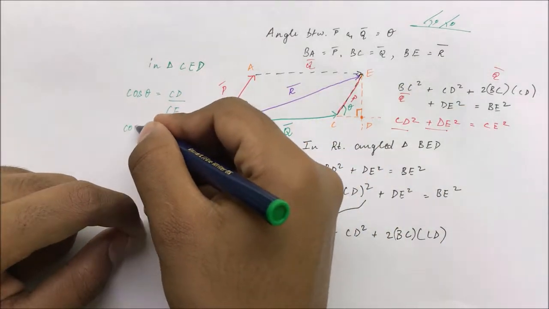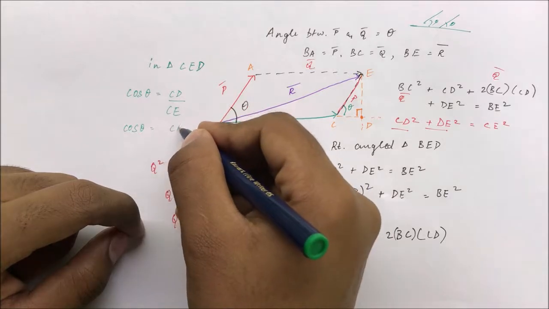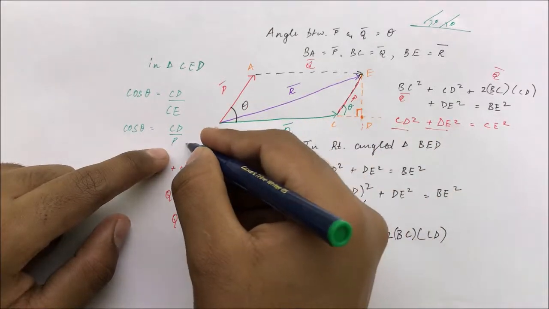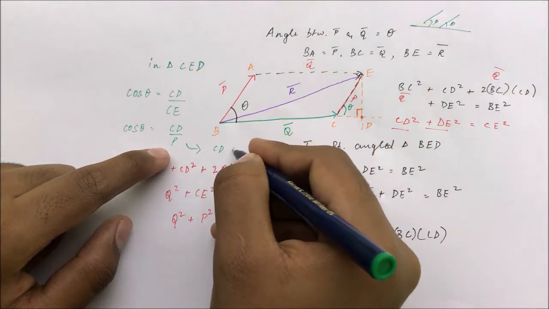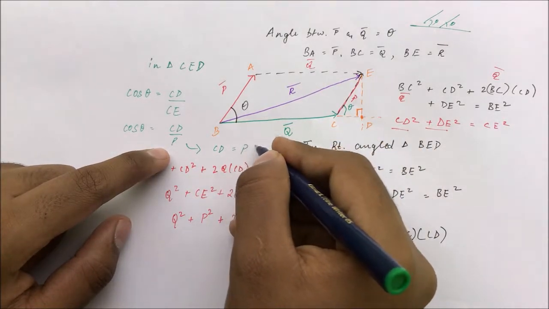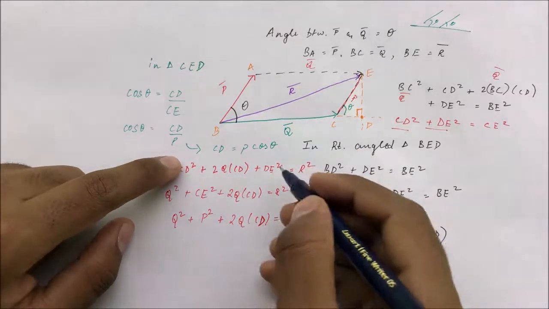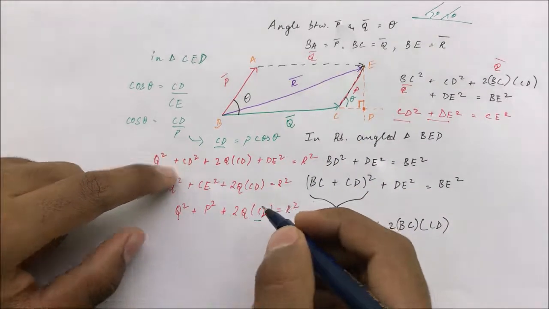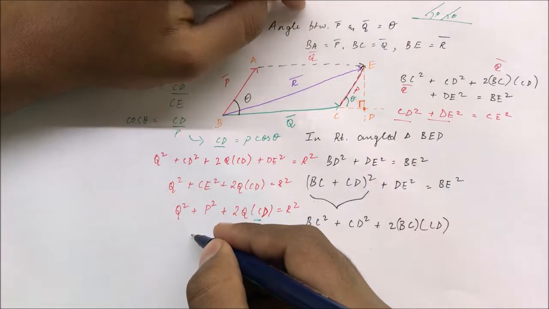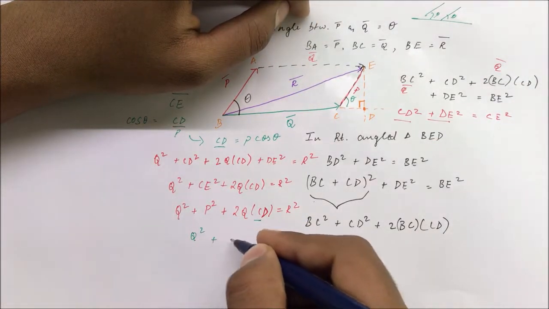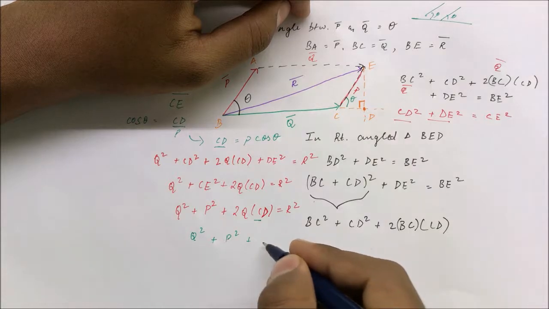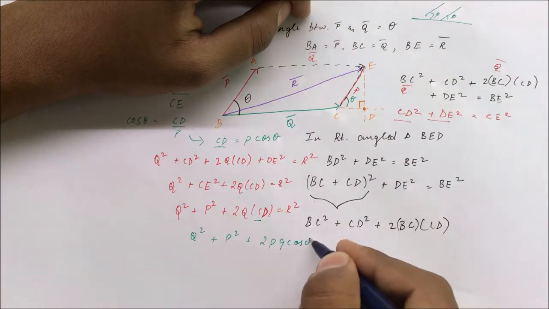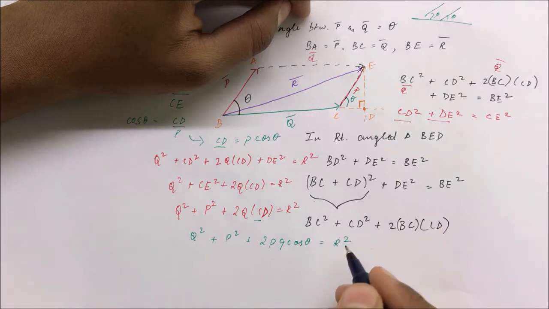So cos theta is equal to CD by P, correct? With this I can say CD is equal to P cos theta. Now if I substitute the value of CD over here, what would I end up with? I would end up with Q square plus P square plus 2PQ cos theta is equal to R square.